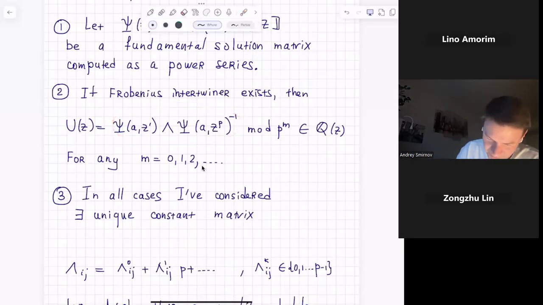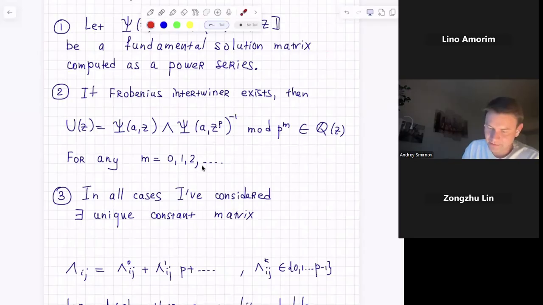So I don't need this prime here. And lambda here is some unknown matrix, which is constant. And now you ask the following thing. Is it true that modulo p to the power m, the coefficients of this power series, not the matrix elements of this guy, are rational functions for any integer m, 0, 1, 2, and so on?